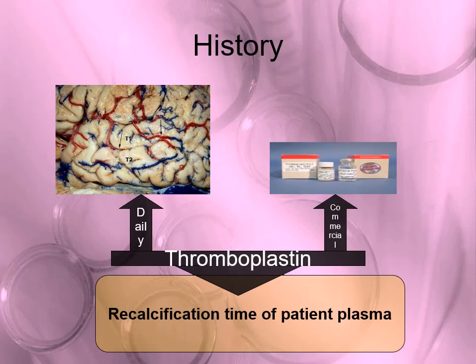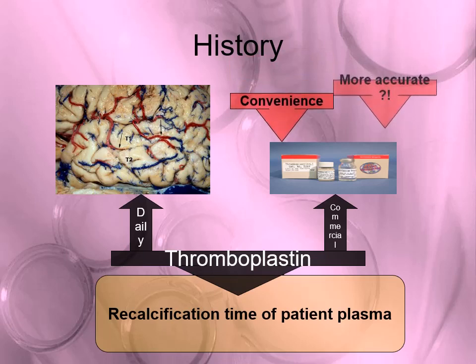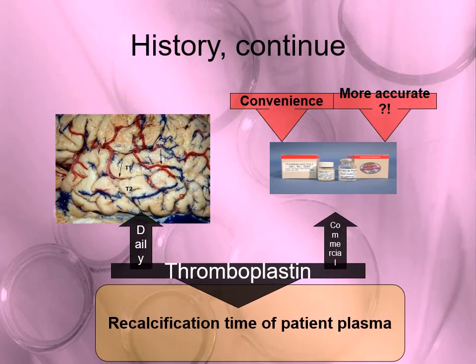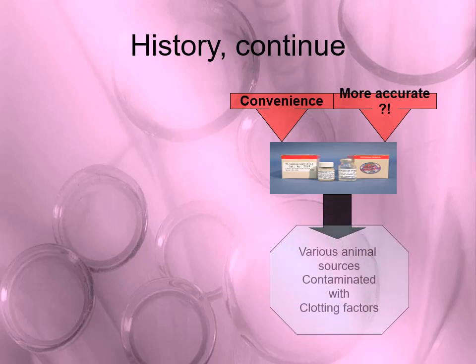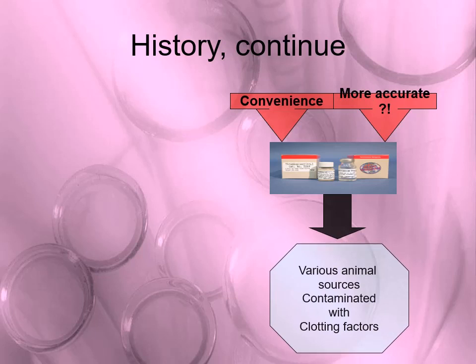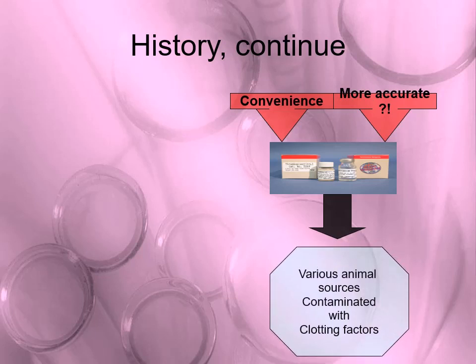Commercial thromboplastin is more convenient, and theoretically it's supposed to bring more accurate results due to standardization. Commercial reagents were from various animal sources, which are contaminated with clotting factors. This has resulted in two consequences.